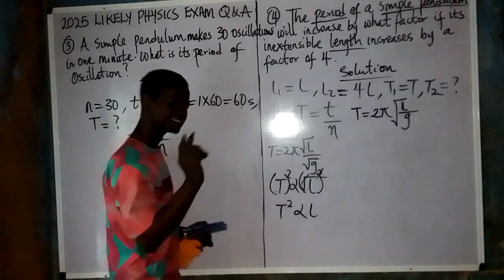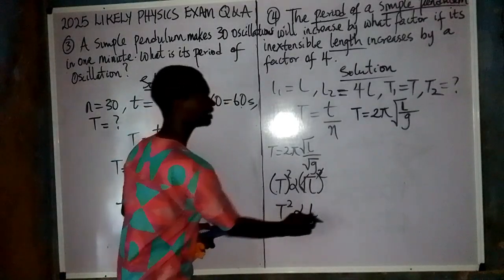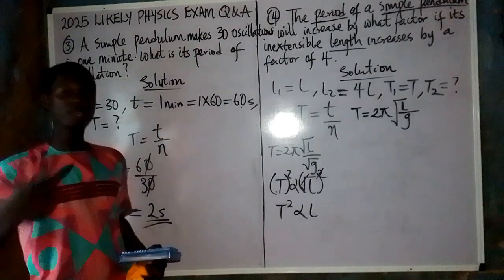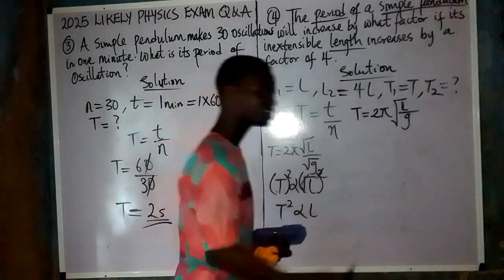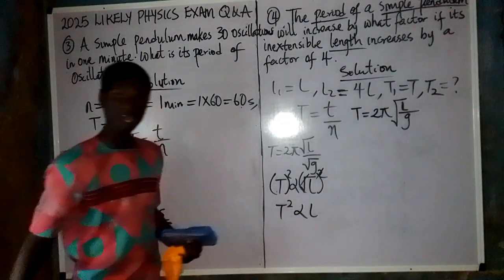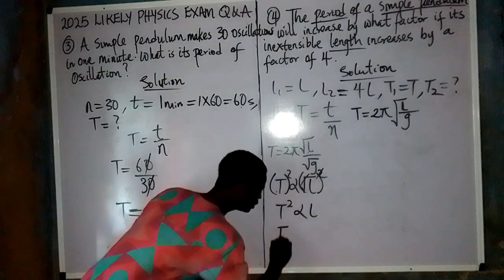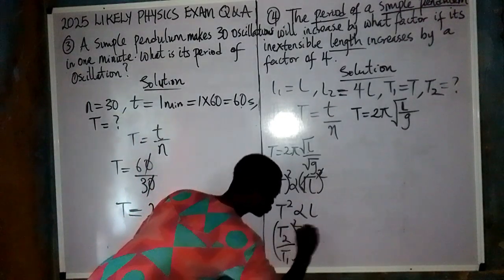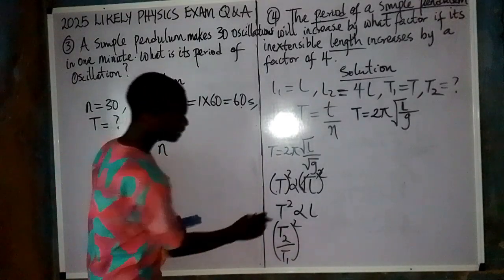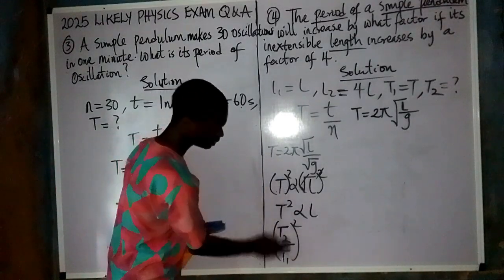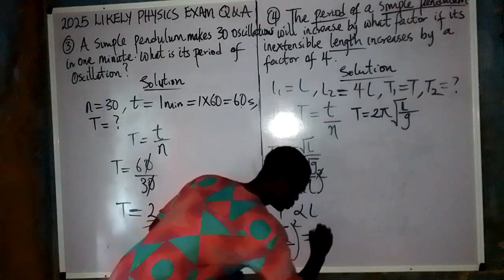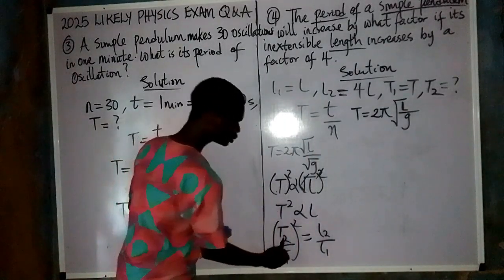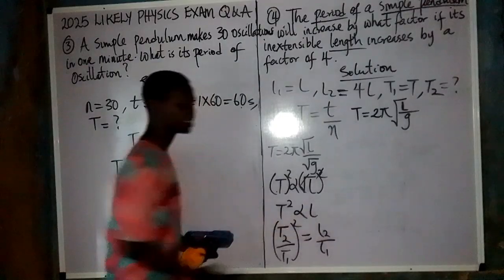Now, since this is a direct proportionality, okay? Because we are going to be comparing two scenarios, an initial and a final scenario, if we were to put this in another form, we will say T2 over T1, everything squared. Are you seeing that? The square is going to affect everything on this side. Will be equal to L2 over L1. Mind you, 2 and 2, they are on the same side as what?